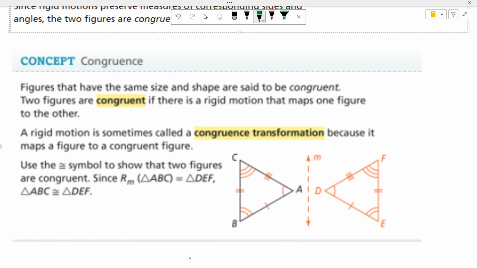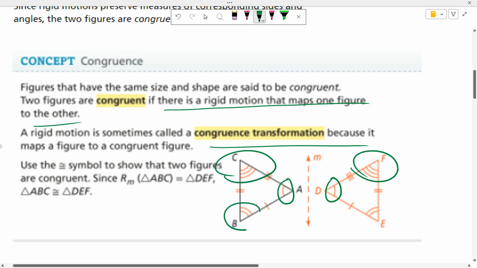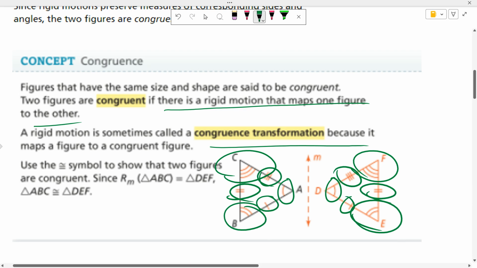So two figures are congruent if the rigid motions map one onto the other. It's called a congruence transformation if you can do that. Now, to be congruent, every angle must have a corresponding congruent angle, and every side must have a corresponding congruent side. Okay?